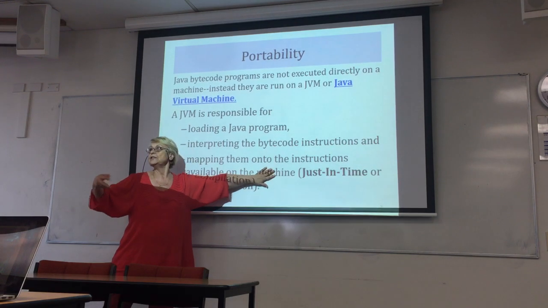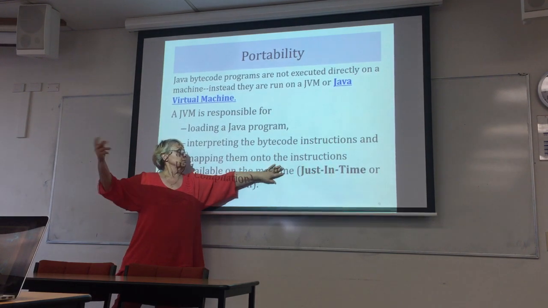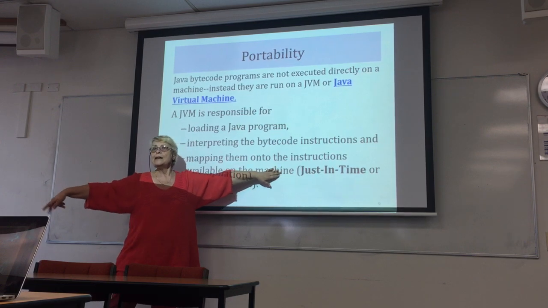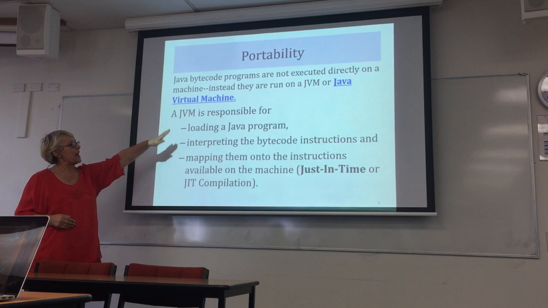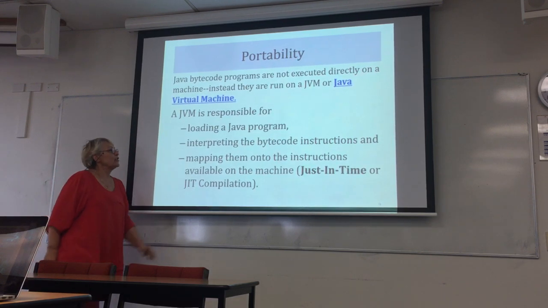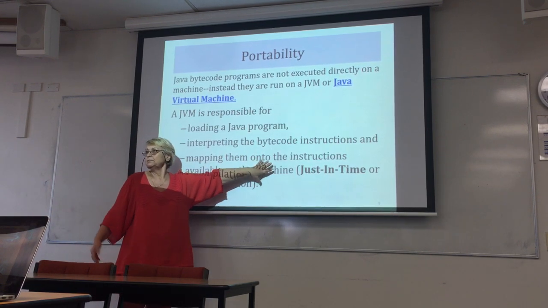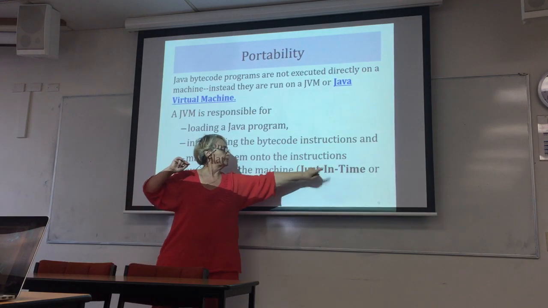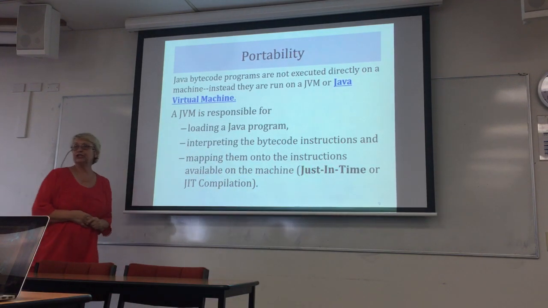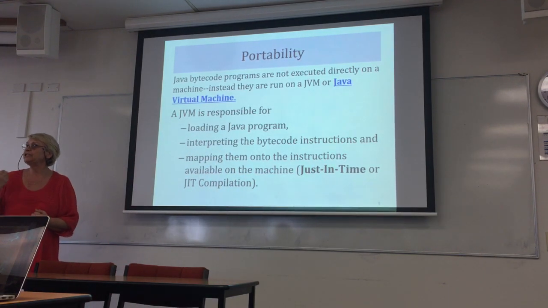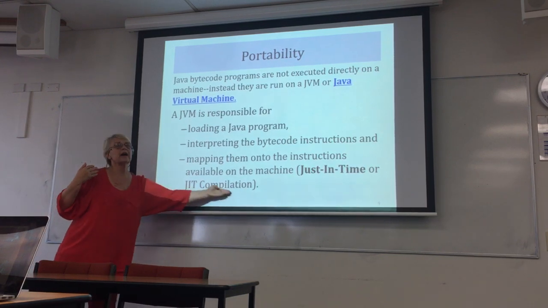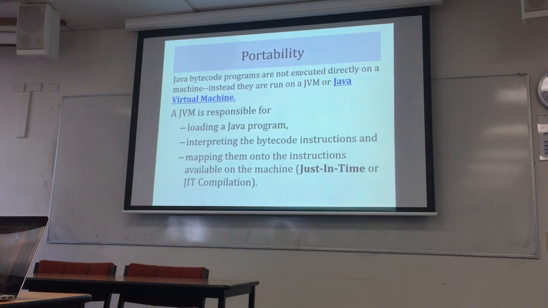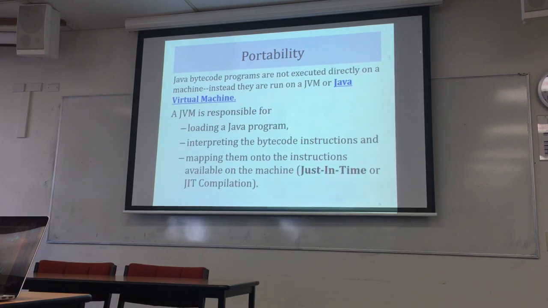This is how our program can run on Linux if that's the case, because the JVM knows this. And this part is performed by the JIT, the just-in-time compiler. Be aware that just-in-time compilation is a subpart of the Java virtual machine.